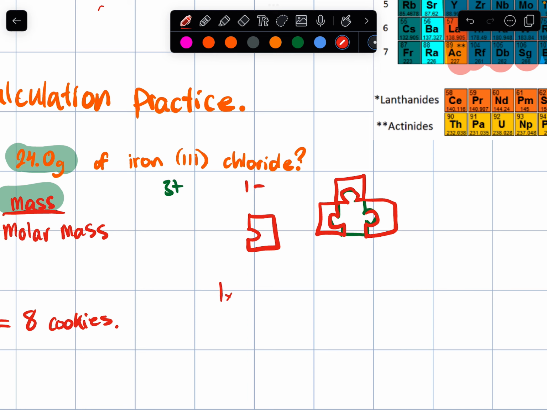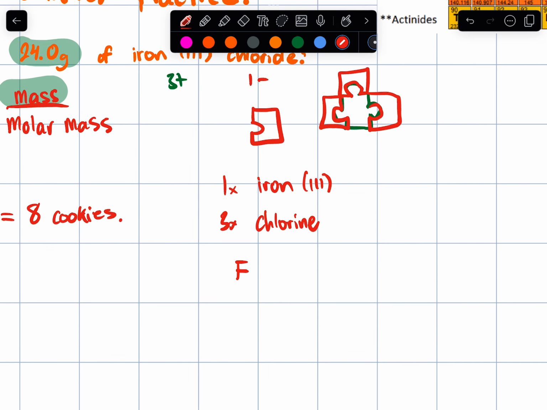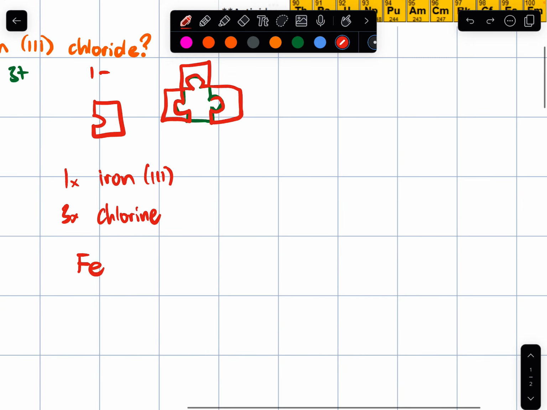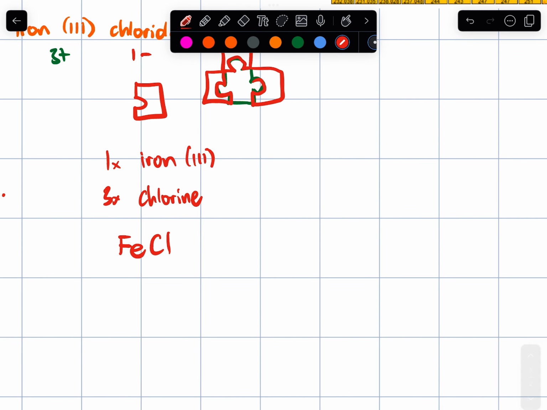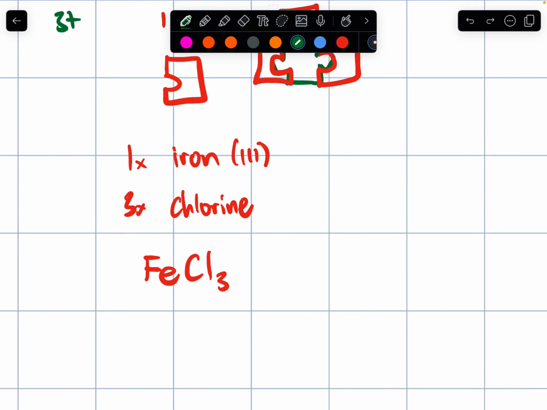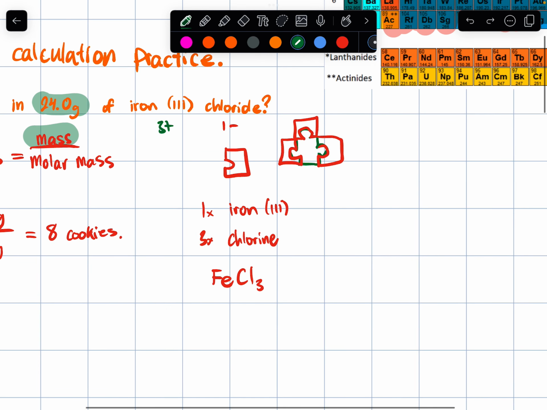We've got 1 times iron and 3 times chlorine. Iron is Fe, which you can find in the periodic table up here, and chlorine is Cl, which we just found. We're going to put a little 3 by our Cl because of the 3 here. So, perfect, we've got FeCl3.